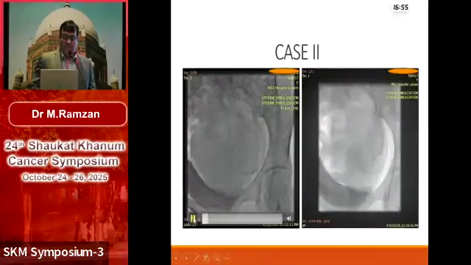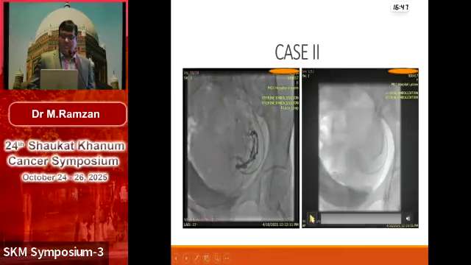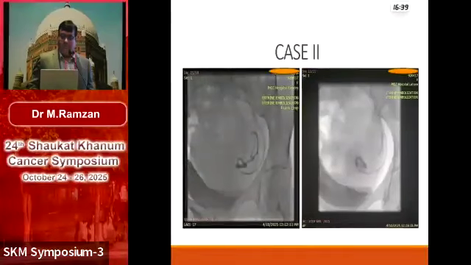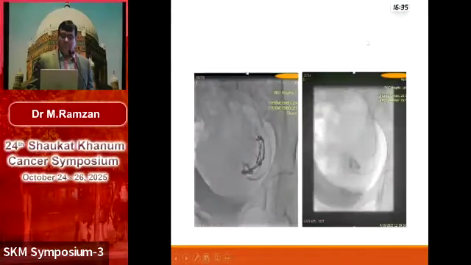And these are some of the videos. So how it appears before embolization, you can see on this side, and how it appears after embolization, the complete stasis in the uterine artery. So these are static images of the same patient.